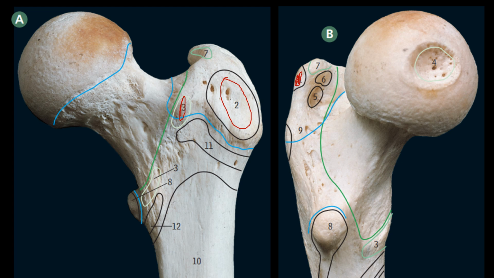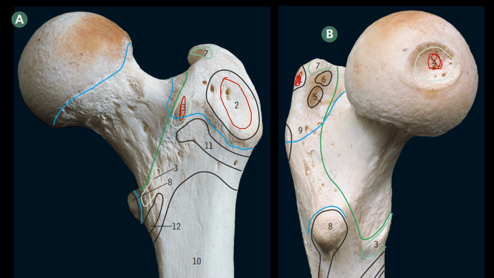Another is the ligament of the head of the femur, the fourth structure, where the ligamentum teres femoris attaches on the fovea of the head of the femur.